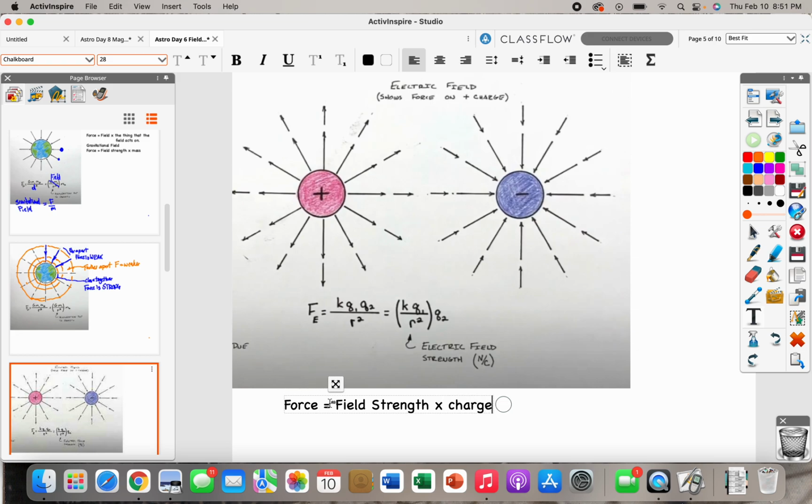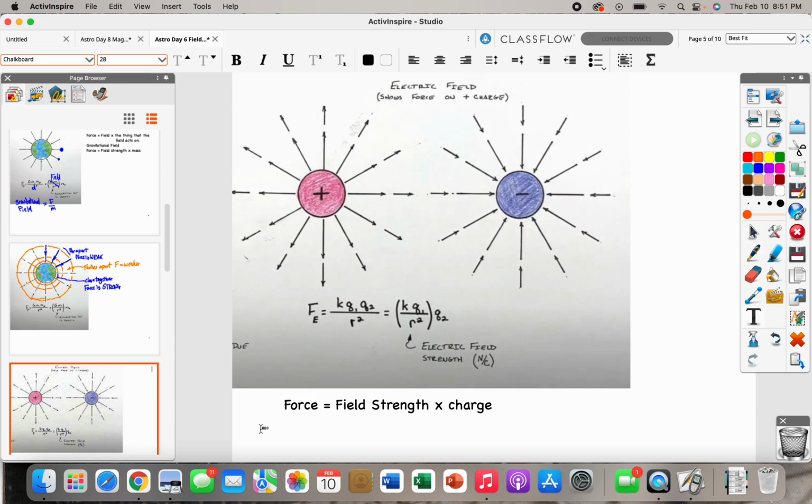And so the field strength tells us a lot about the force. So the direction of it tells us what direction the force will move a charge, and if we know the charge that we've put in the field, we can even calculate the force. Okay, so it's pretty much just this. So when we're looking at these field lines, it's telling us about the force acting on an object.